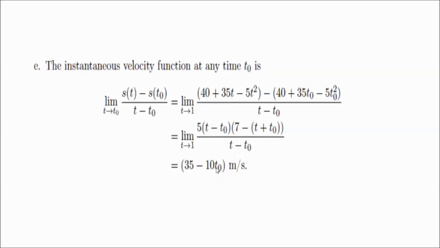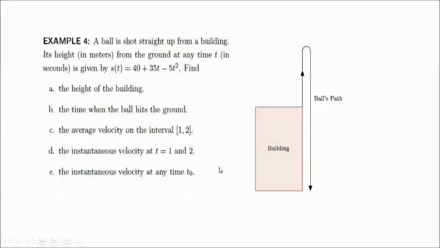Okay, take note class, kapag after 4 seconds, yung instantaneous velocity is, kung 4 yan, so 10 times 4, 40, di ba? 35 minus 40, negative 5. Negative yung velocity. Pwede ba yan? Pwede yung negative velocity class kasi vector quantity naman yung velocity.